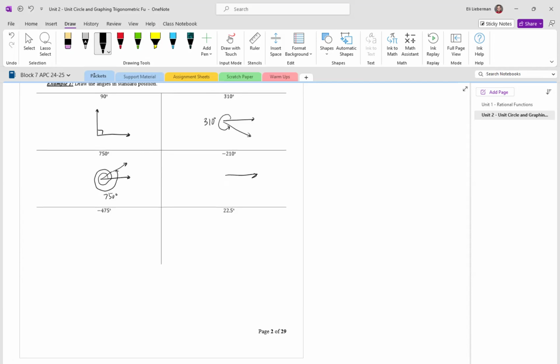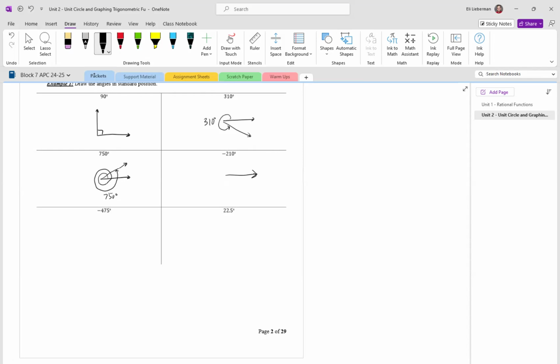Negative 210. In this case, we start this way like we always do because this is standard position. Negative 210, will you please show me where we're going to go? Are you all pointing in the same direction? So how are we going to do negative? We start with 0 degrees, negative 180, and then negative 210.